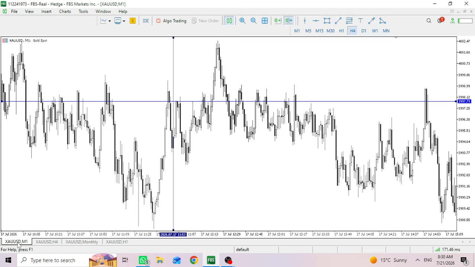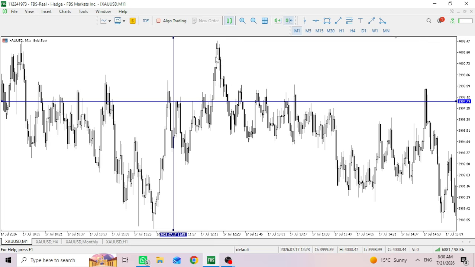Now check. You can see where it opened. In the first 10 minutes it rolled to the upside and formed its high. Now this was a manipulation move, this one too, till here.